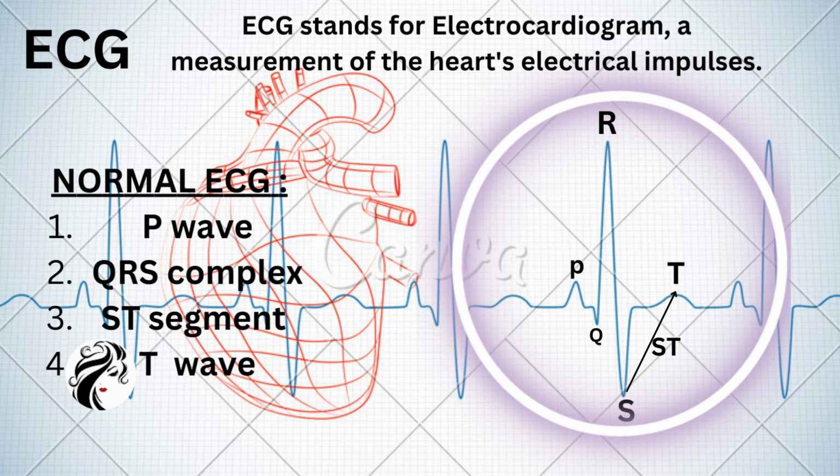Then we have the repolarization, which is known as the T wave, and the time between S and T, between the depolarization of the ventricle and its repolarization, is a segment known as the ST segment.